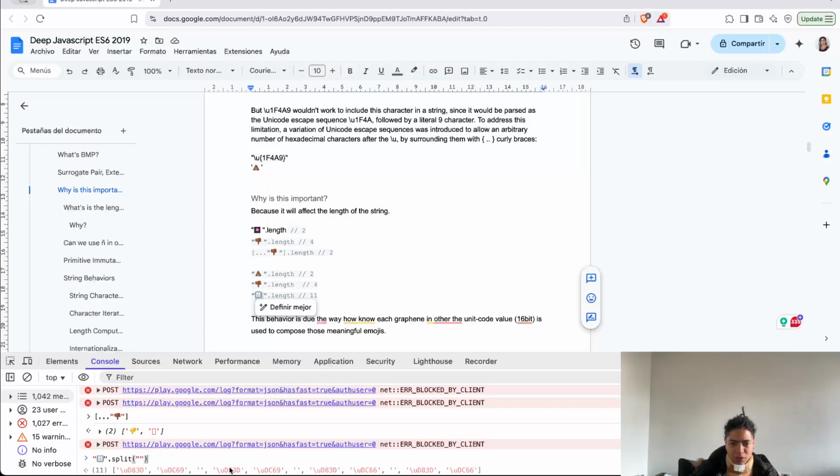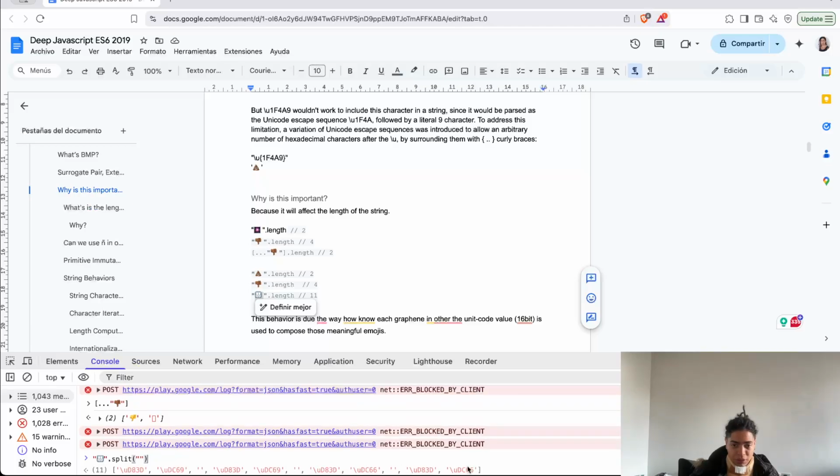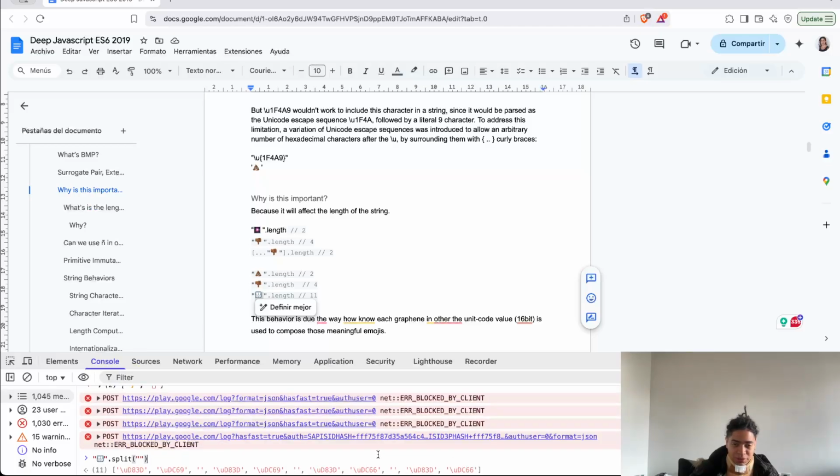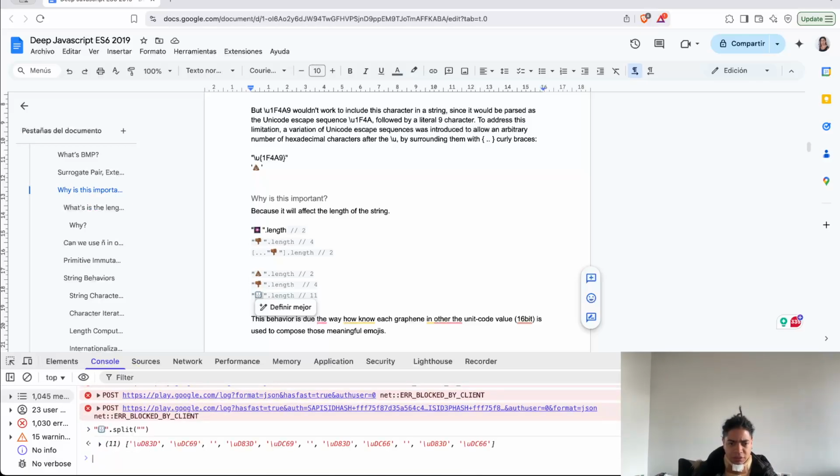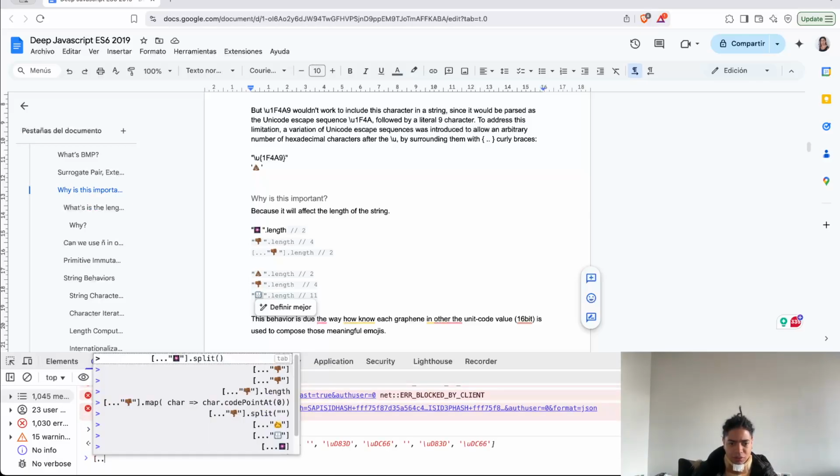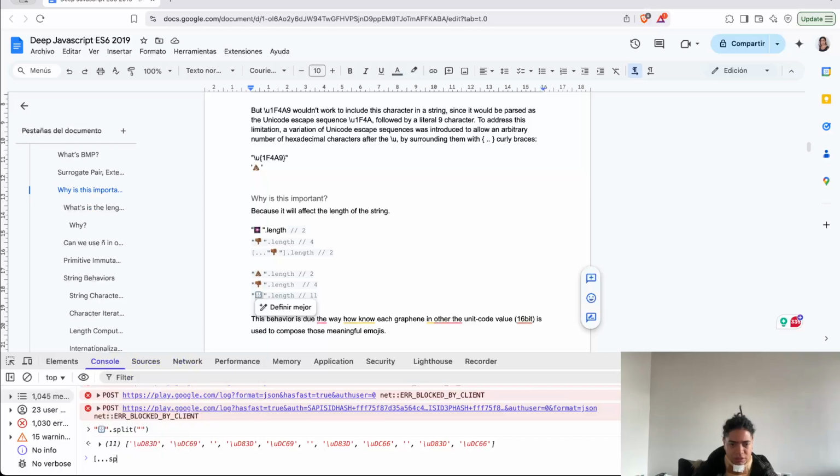So you have 1, 2, 3, 4 surrogate pairs, and each one of them is made of, of course, two 16 bits, where each 16 bit is a length internally in JavaScript. So you have 8, plus the white space used to represent this symbol, which gives you 11.